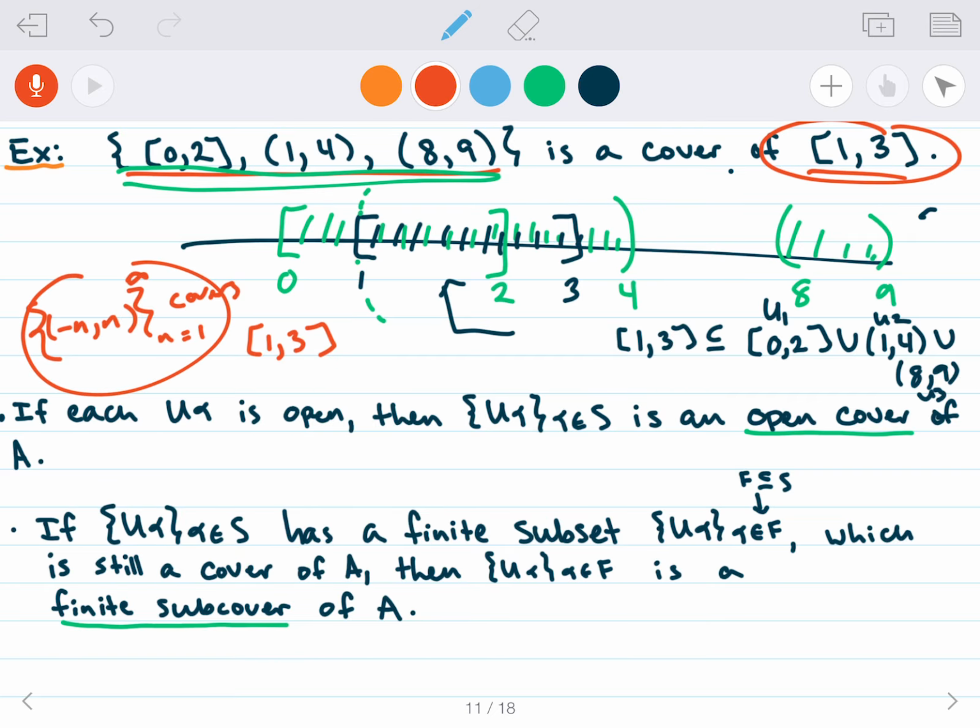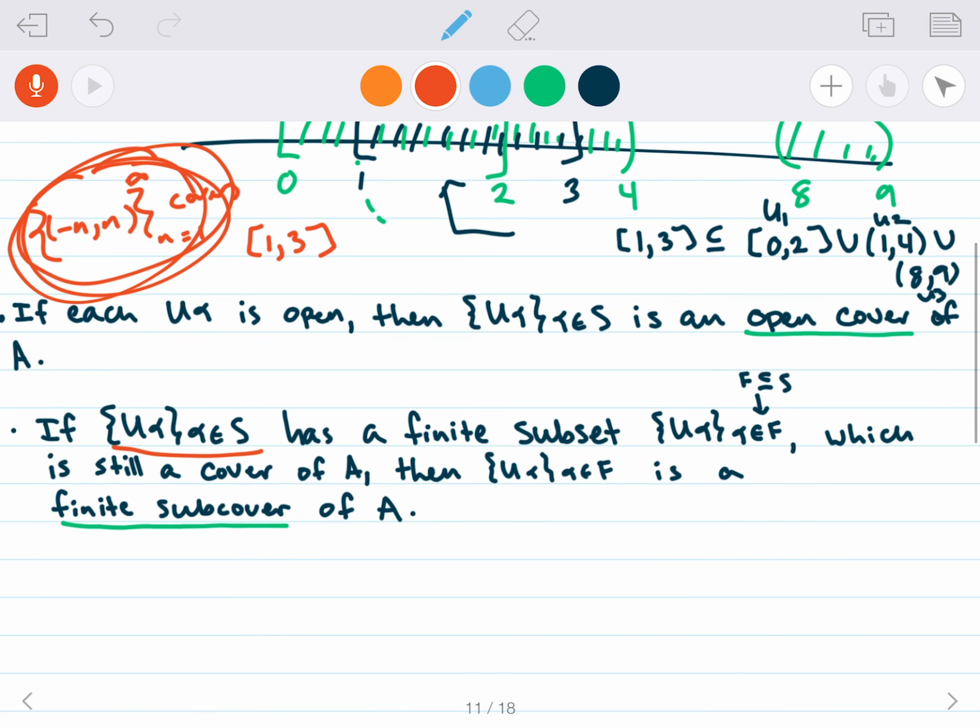A cover could be infinite, like up here. A finite subset of a cover that still covers the set is a finite subcover of A. So can you think of finitely many things here that would still cover 1, 3? Let me write this here.